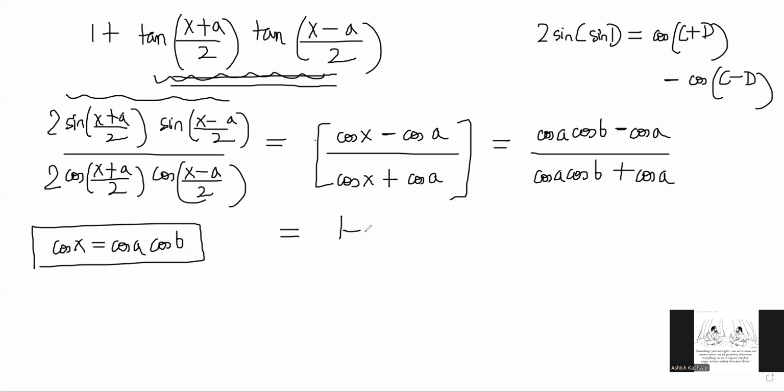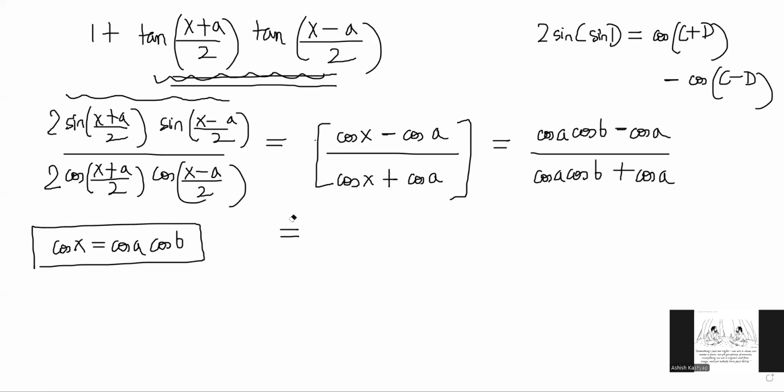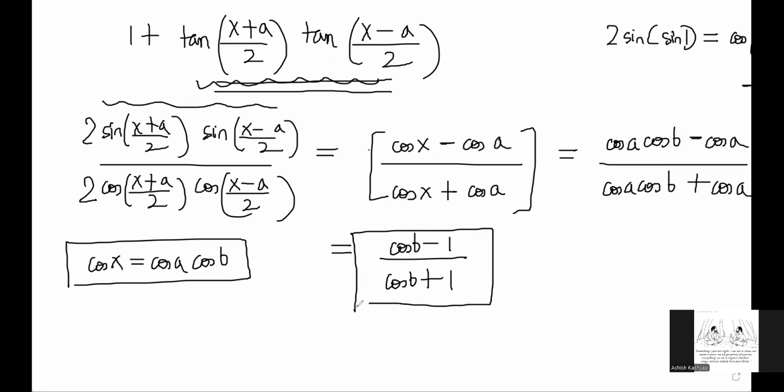So you are getting (cos b minus 1) by (cos b plus 1), right? Do you understand that this is what we are getting?